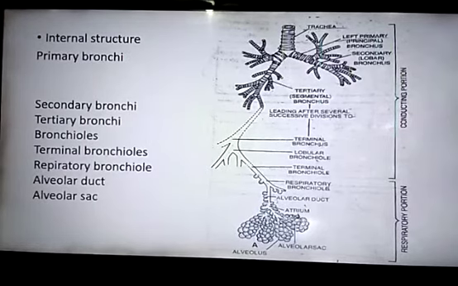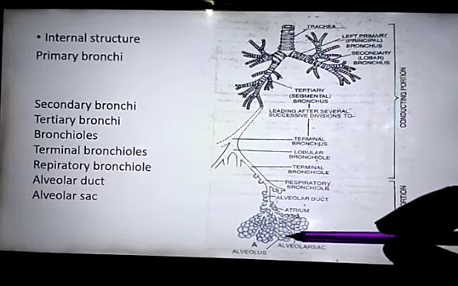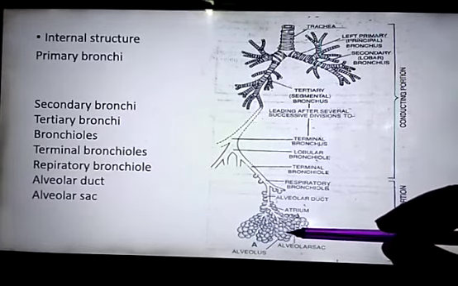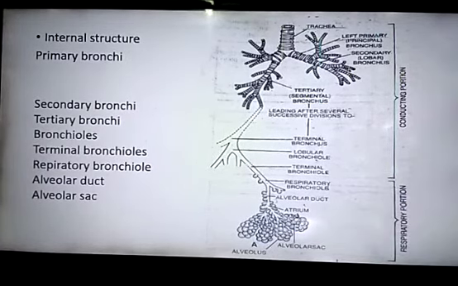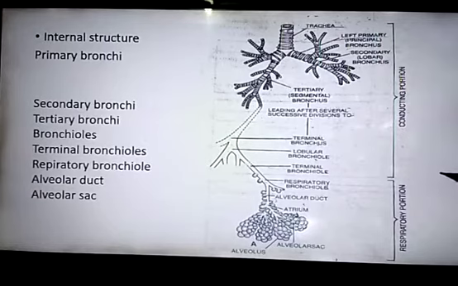Okay. So now each alveolus, if you can see in the internal structure of alveolus, is lined by a thin film of a substance known as lecithin.